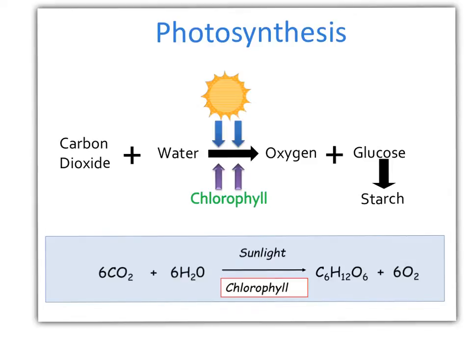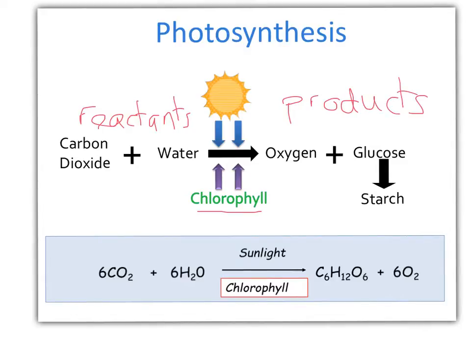Just to remind you about photosynthesis, the reactants in photosynthesis are carbon dioxide and water. In the presence of sunlight, which is trapped by chlorophyll, we get the products, which are oxygen and glucose.